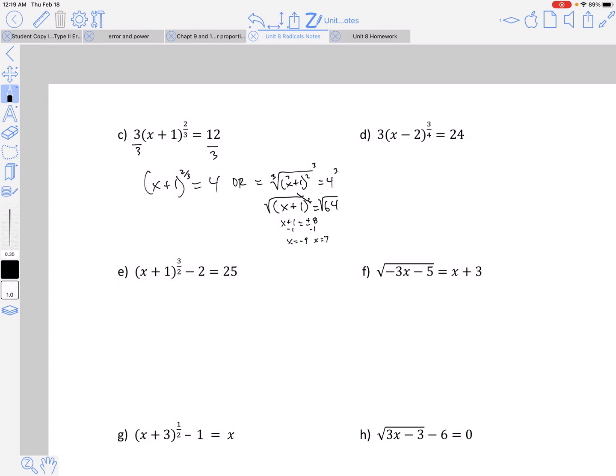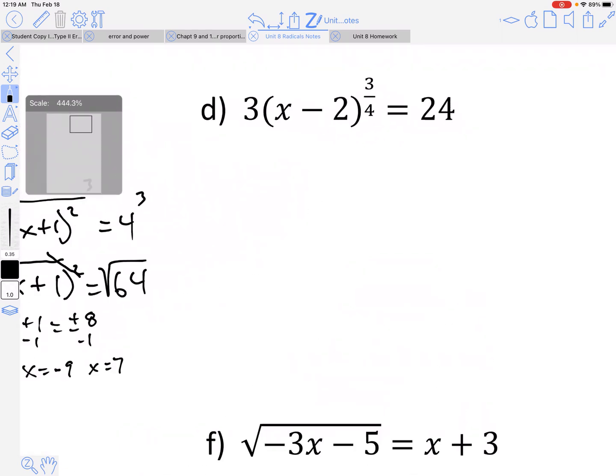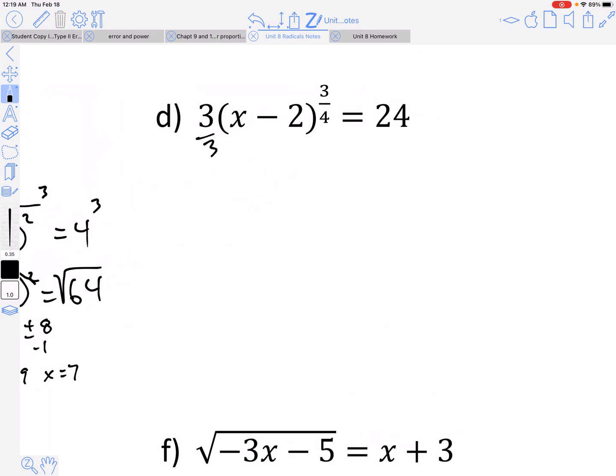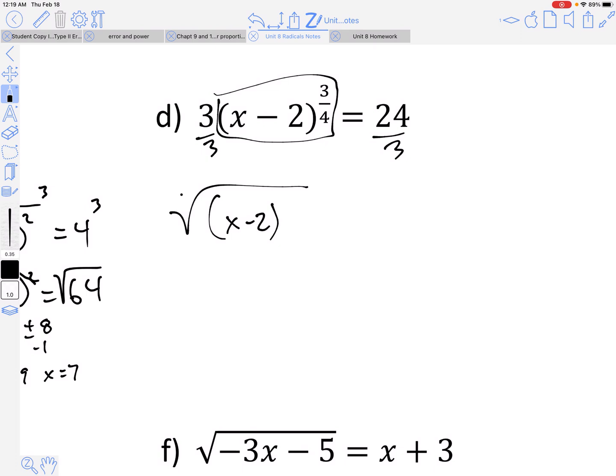Okay? All right. So this guy right here, we're going to divide by 3 to try to get this guy alone. So it is alone now, but I'm going to change it to radical form so I can undo the math a little bit more easily.